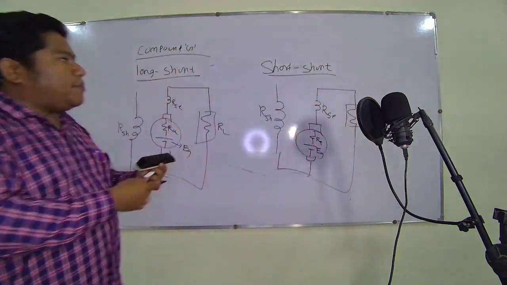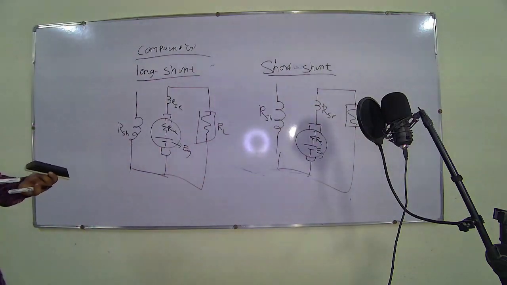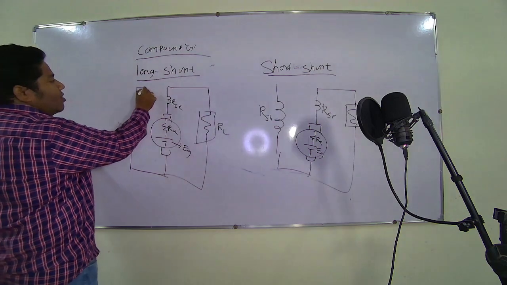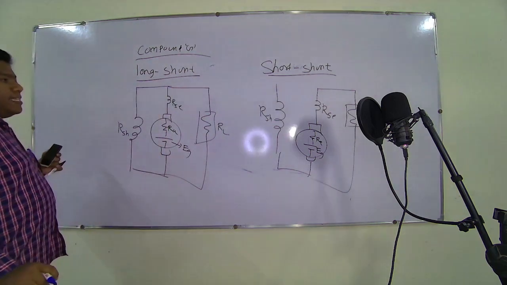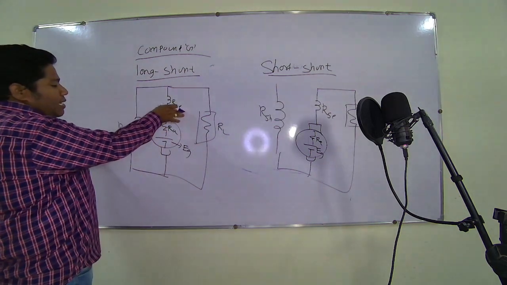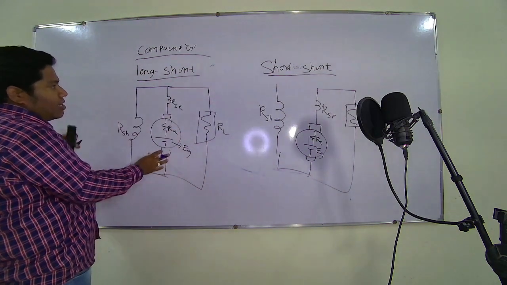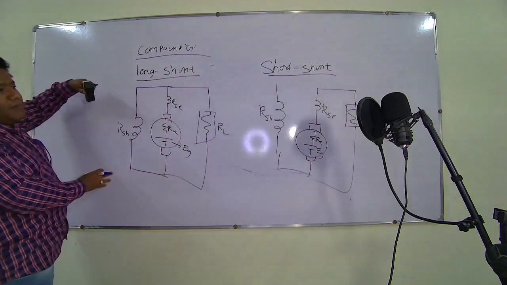So what is the main difference between a long shunt and short shunt? In long shunt, the shunt resistance is connected across the series field. That means the series field and armature combined are in parallel with the shunt field.